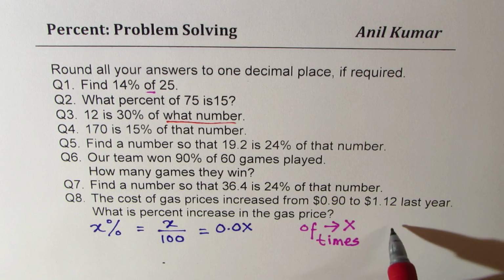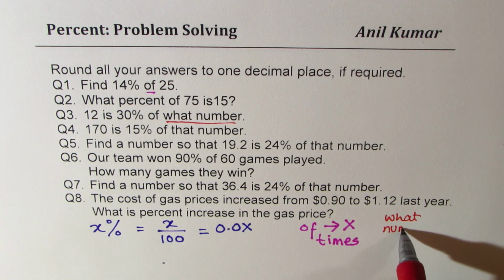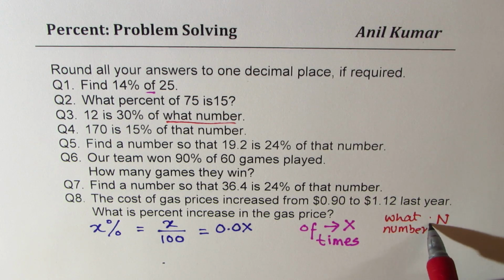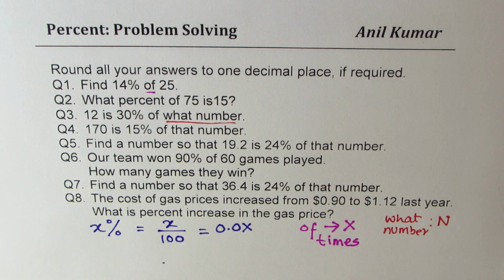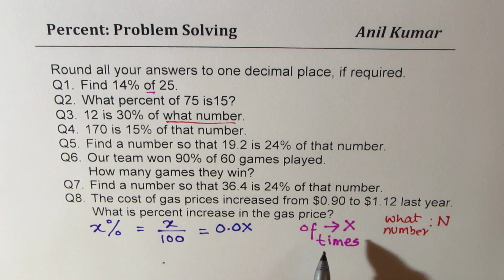Whenever we say what number, we don't know, so we'll use N, the capital N, as the number, correct? Based on these simple things, we will translate each word problem into an equation and then solve.